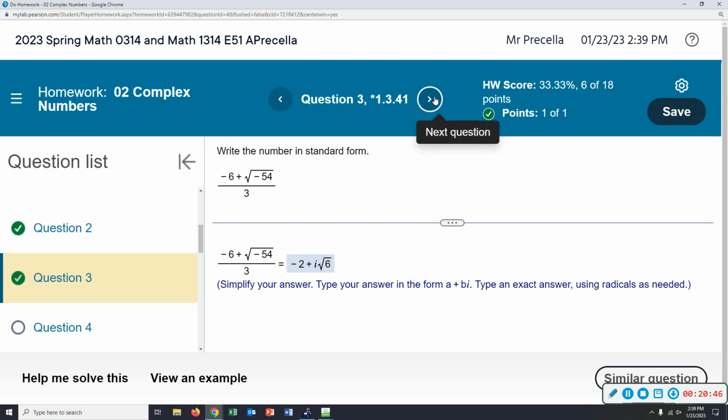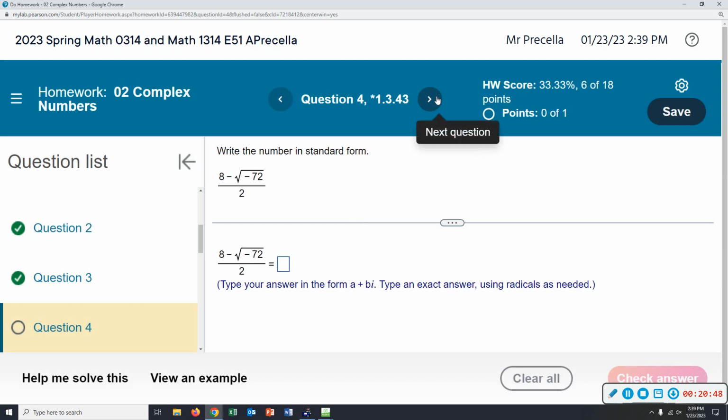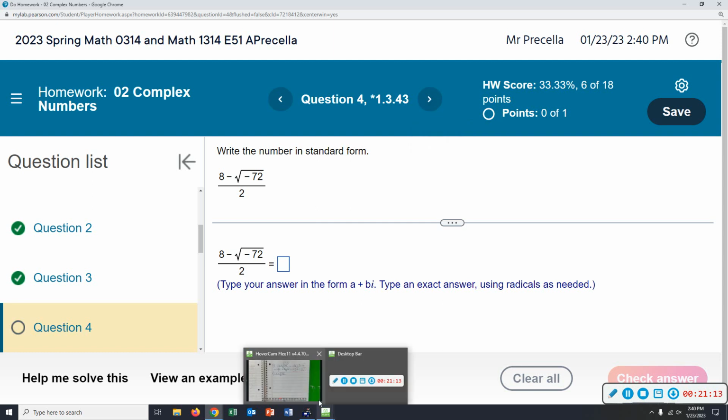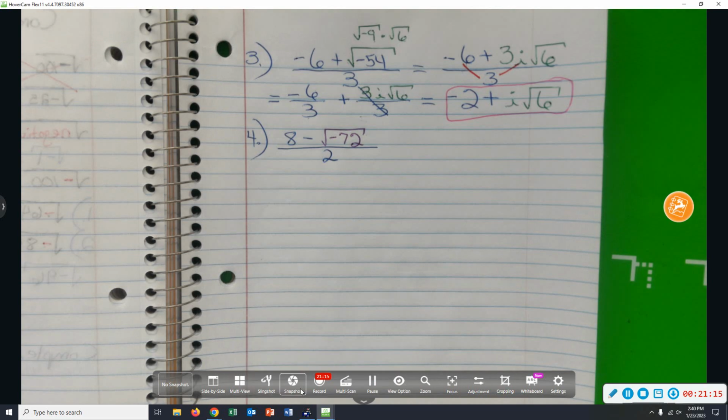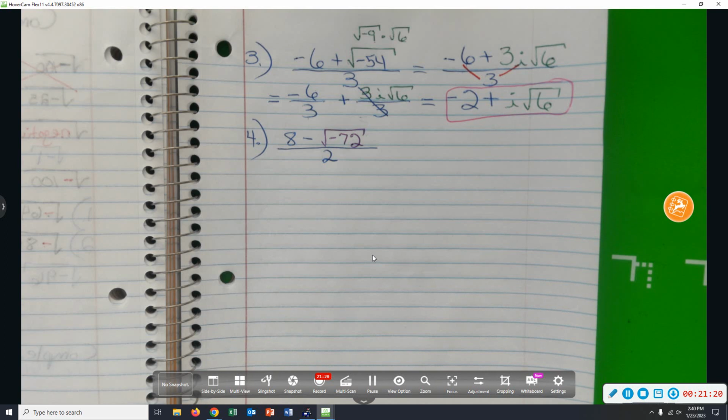Number 4. Eight minus the square root of -72, all divided by 2. Looking to make sure you didn't miscopy it here. You'd be surprised. Students coming by, they can't get the right answer.